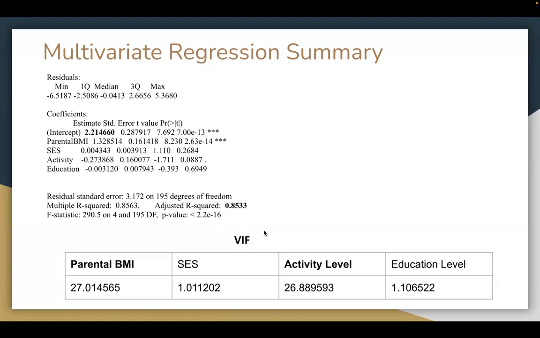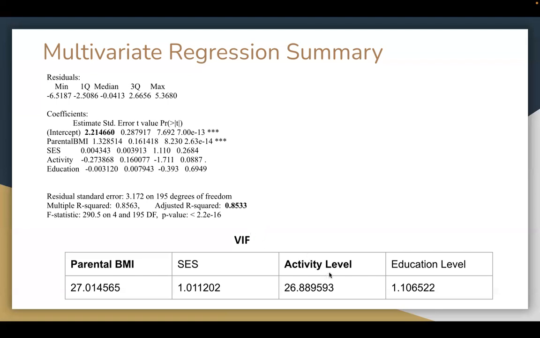Some other calculations that we made was the variance inflation factor down here. This can inform us about the shared covariance or multicollinearity amongst our predictors. We can see that parental BMI and activity levels have very high variance inflation factors, which indicates some multicollinearity.